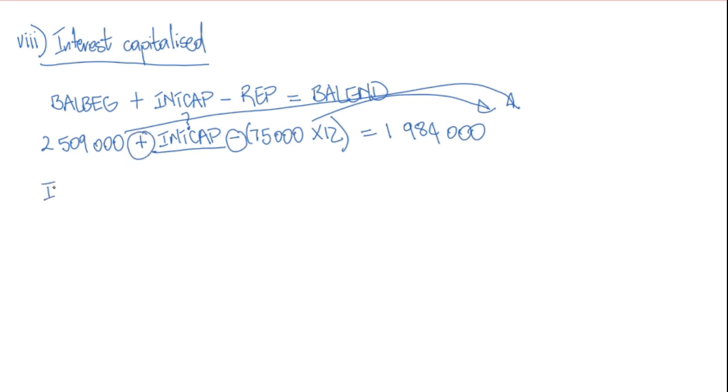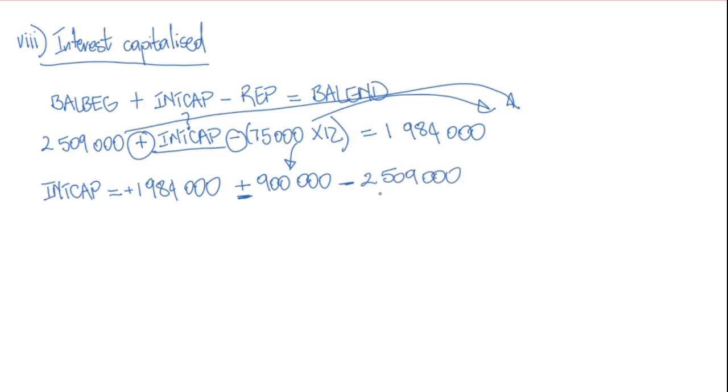When we do that, we get interest capitalized is equal to 1,984,000 plus 900,000 rands, which is the repayments, minus 2,509,000 rands.